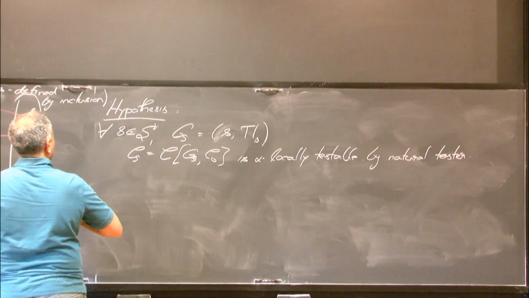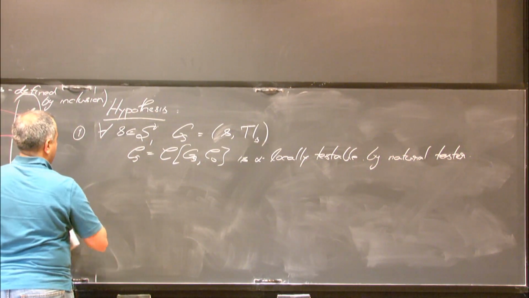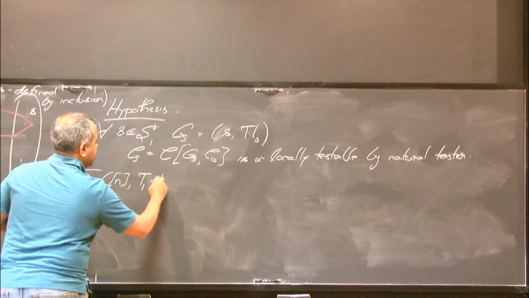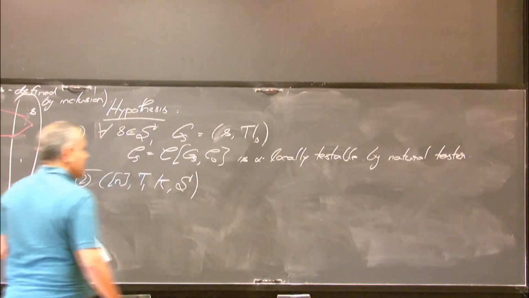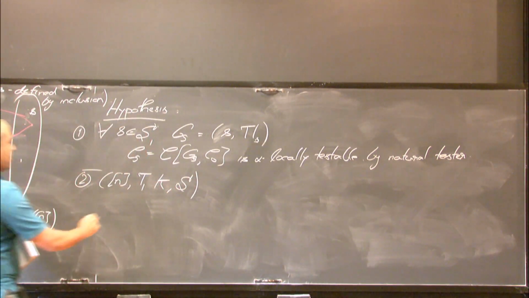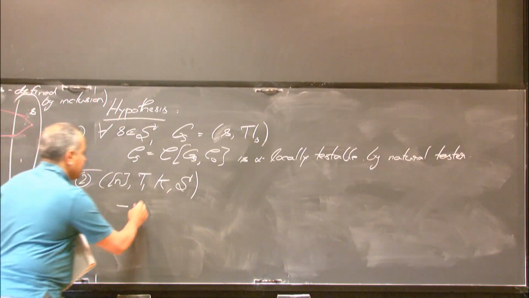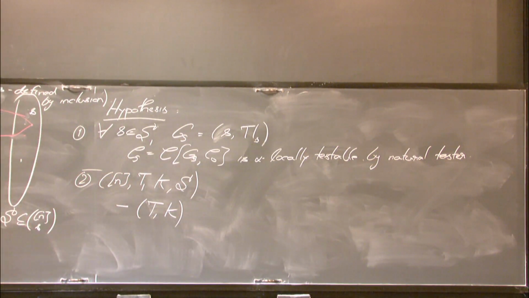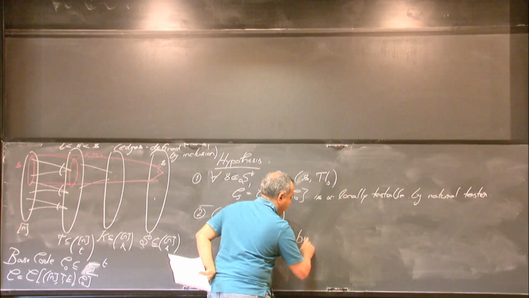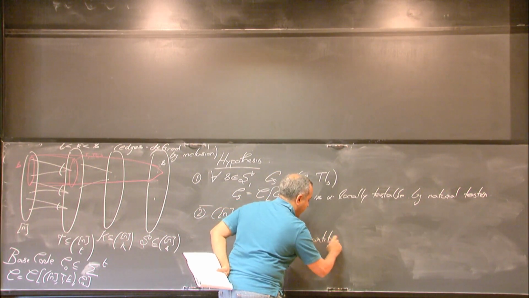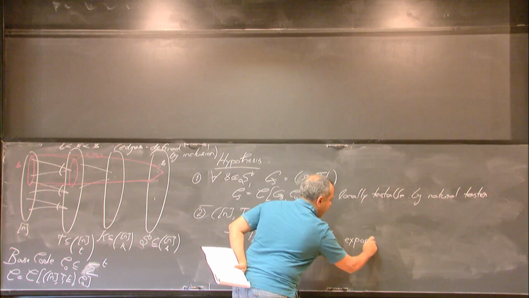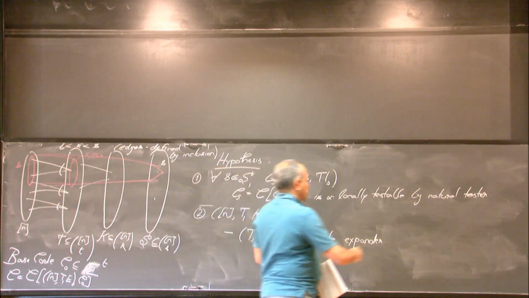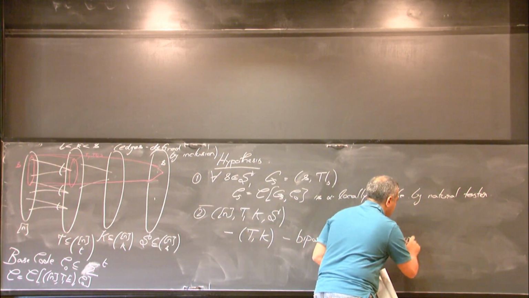The second thing is I want the structure N, T, K to have the following property. One, if I just look at the graph between T and K, the graph between these two layers, that should be a good bipartite expander, let's say with spectral gap lambda.